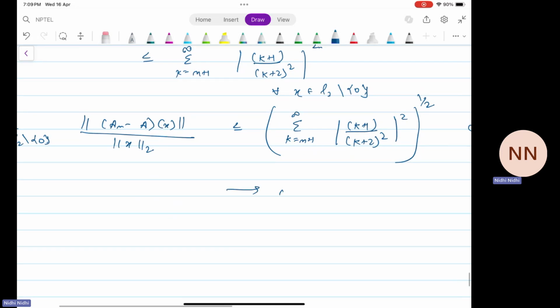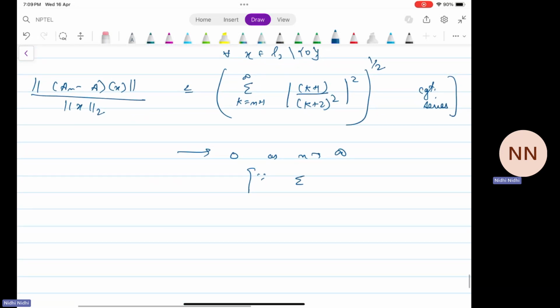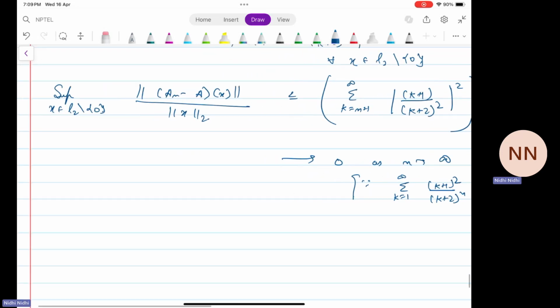Now this will tend to 0 as n tends to infinity, because again this is a tail of a convergent series, the summation k from 1 to infinity of (k plus 1) squared by (k plus 2) to the power 4. So this is basically kind of a p-series, and eventually this is something similar to the summation of 1 by k squared, which is finite, or we can write it is a convergent series, and hence its tail converges to 0.